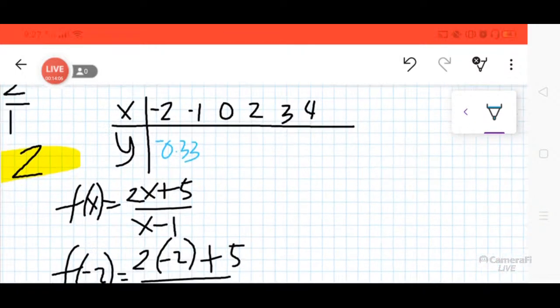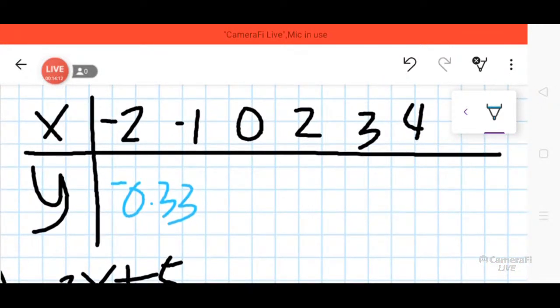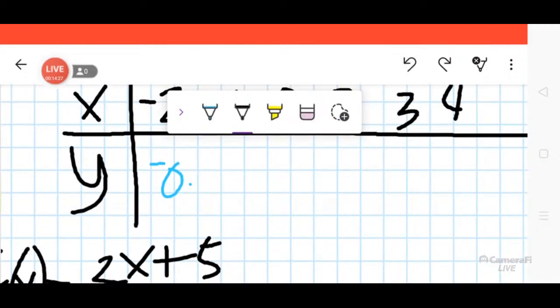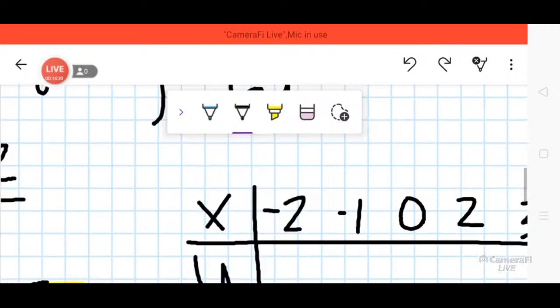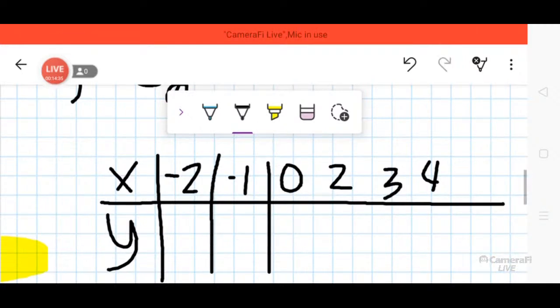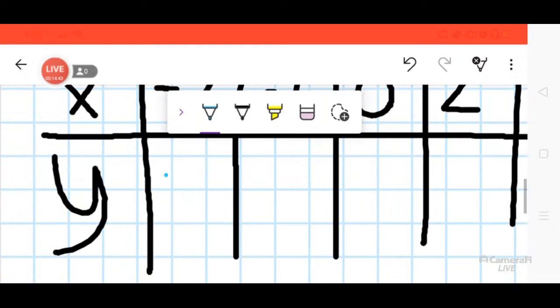The process continues the same way. I will put the corresponding values, because I already solved this. So this is negative 0.33.